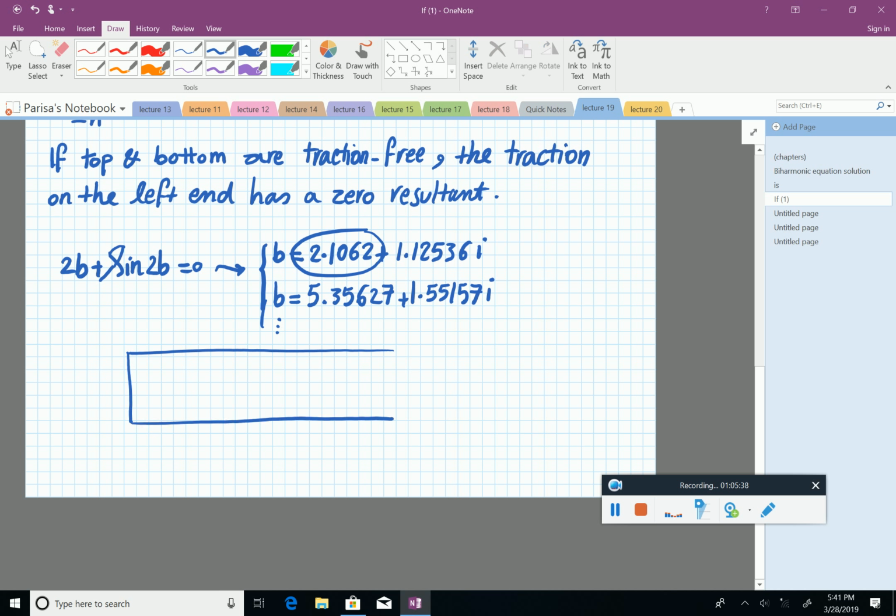So the solution. Now, if I would draw for you the solution for this b, this would be traction free. This is traction free. What I know is that the resultant is 0. And then I'm telling you that the solution that I have found is telling me that if you look at the stresses, they are exponentially decaying with x.